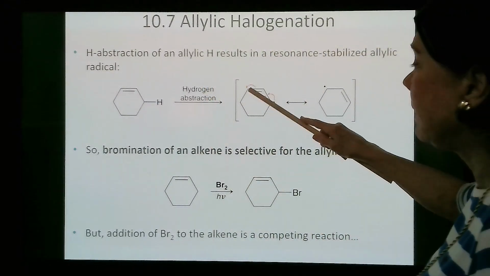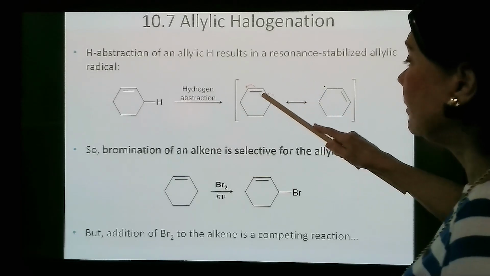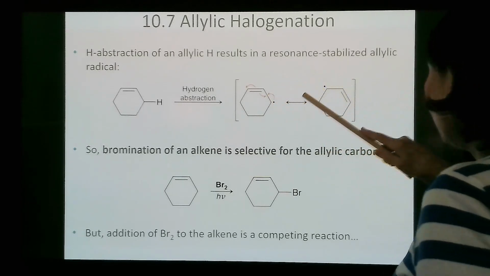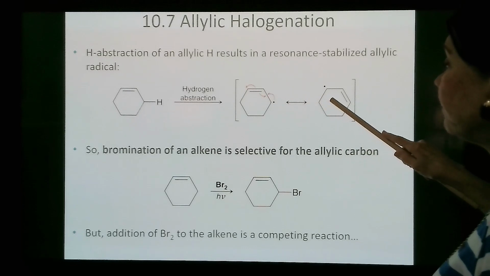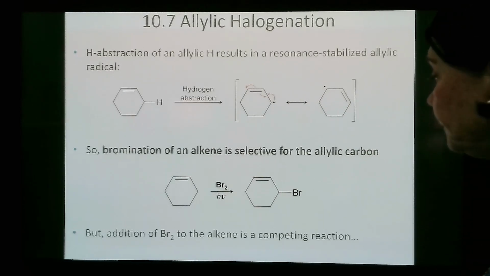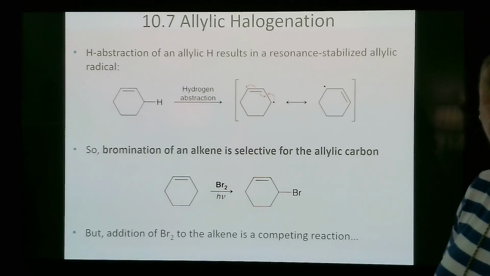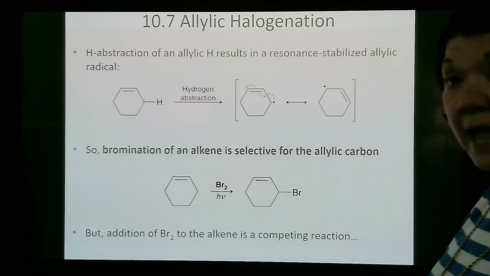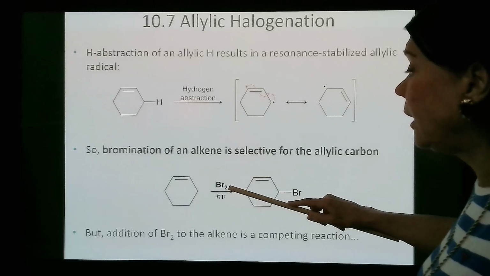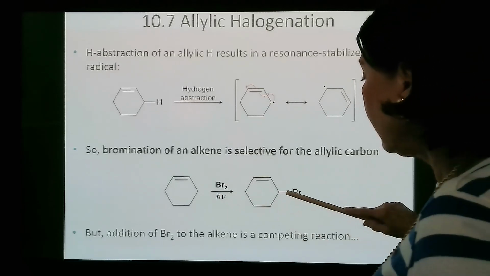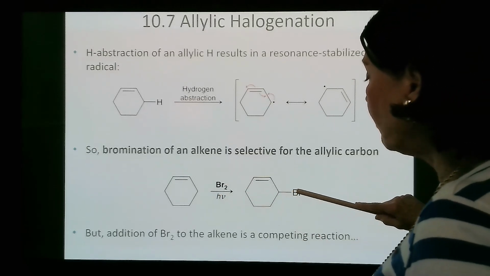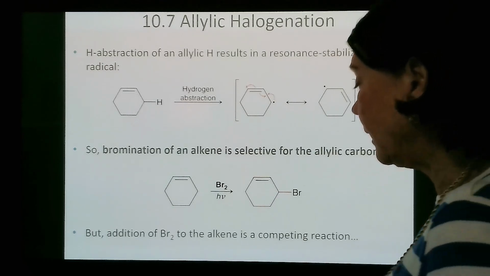You can see that it's stabilized. Here, there's a resonance stabilization. And remember, bromination is much more selective than chlorination, which we just saw in the last video. And so looking at bromination, you will get exclusively bromination at the allylic position.